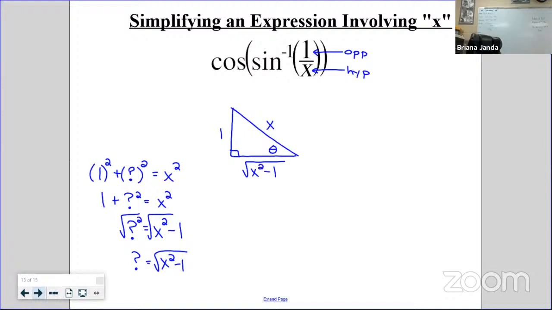And once I have that picture set up, I can answer any of the trig functions they ask me about. So then I see which one they're asking about, and they're asking about cosine. Cosine would be my adjacent over hypotenuse. So in this picture, adjacent is the square root of x squared minus 1, and the hypotenuse is x. Guys, that does not simplify at all. You just leave that as is.